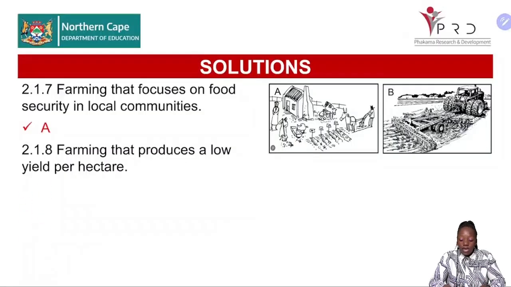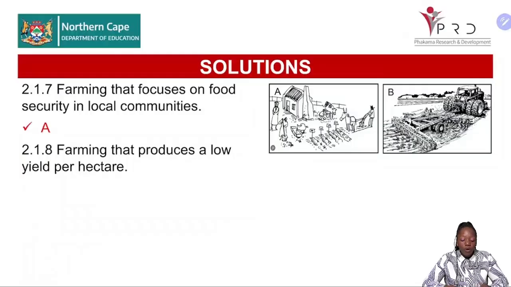Why is it A? Because they are farming for their families, which is subsistence, and they are also farming to sell the surplus, which is small scale farming. So therefore, they are focusing on food security because they want to feed their families and they want to sell the surplus so that they can support their family.